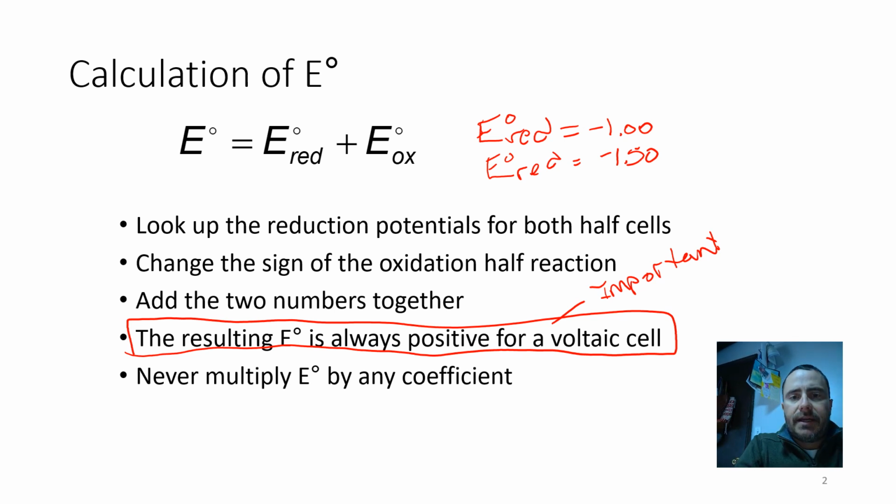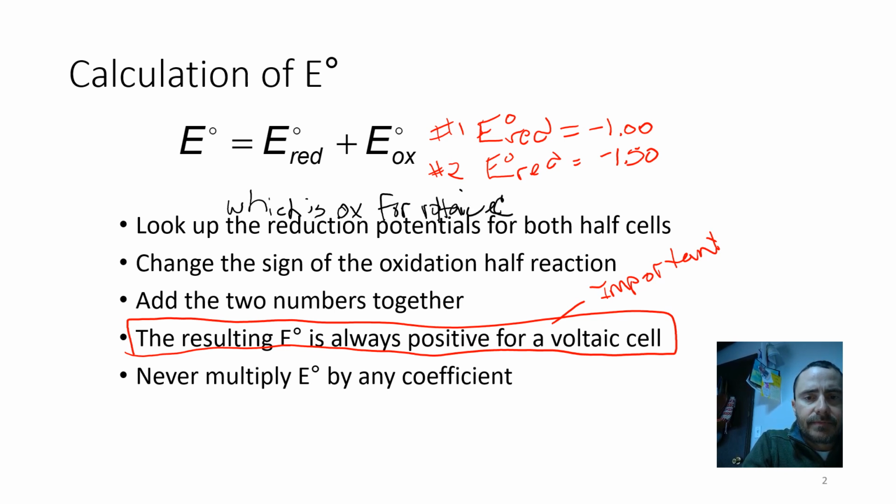We're going to call this one number 1 and this one number 2. And it might ask, which is oxidation for a voltaic cell? Again, I'm writing and it looks terrible. So which one of these is actually the oxidation step if it's a voltaic cell?